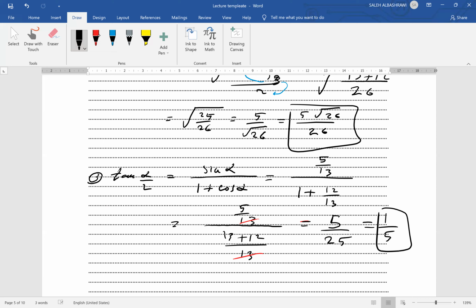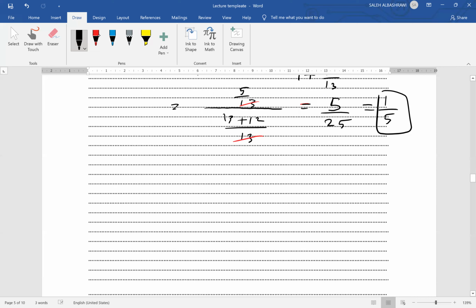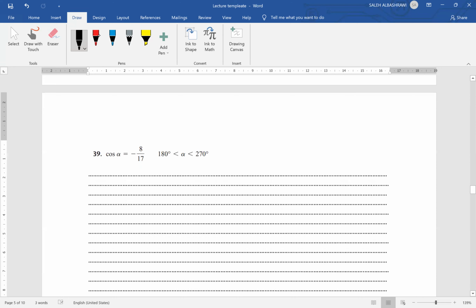Let's have another example. Given cosine alpha equal to minus 8 over 17, and alpha is between 180 and 270. So it is in the third quadrant. But we are looking for alpha over 2, not alpha. So we have 180 less than alpha less than 270.